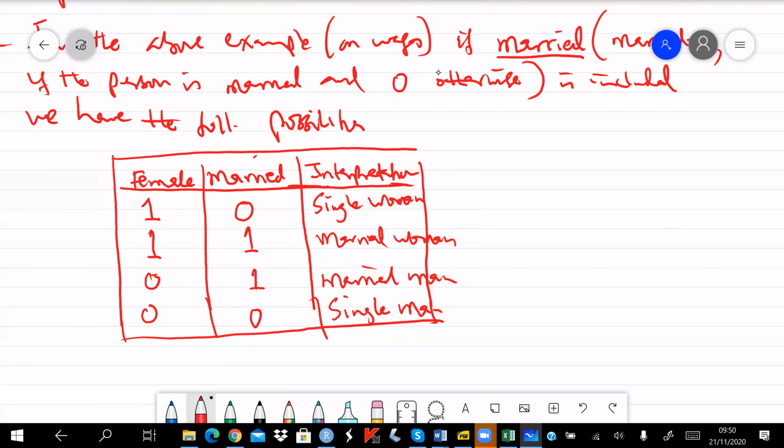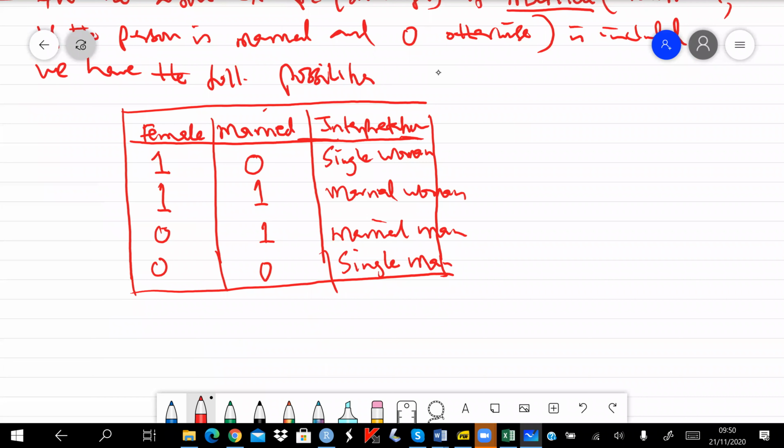So let's have some illustration. Consider the model.